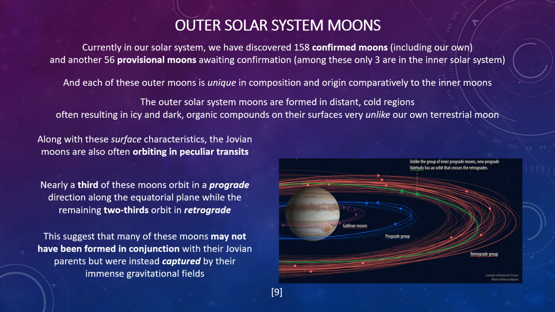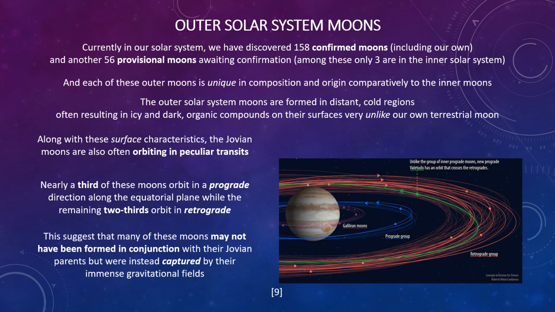So we can see in the diagram of the orbits of the moons around Jupiter that there are distinct groups. We can see that the Galilean moons are the innermost and they are prograde. And then there's another prograde group. And then a lot of the further outer moons of Jupiter are retrograde.